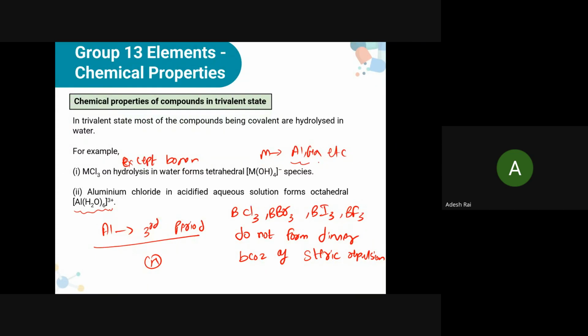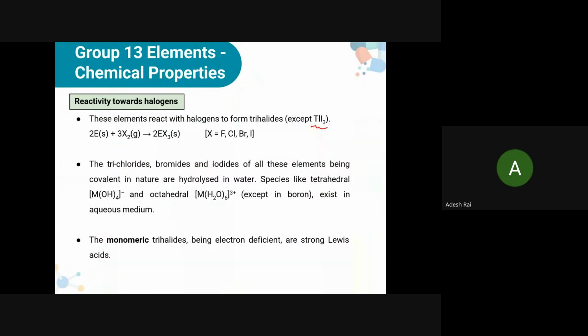Aluminium, gallium, etc., but except boron. MCl3 on hydrolysis. The trichlorides, bromides, iodides of boron, aluminum, gallium, indium, thallium will react with water except boron. Is that clear?